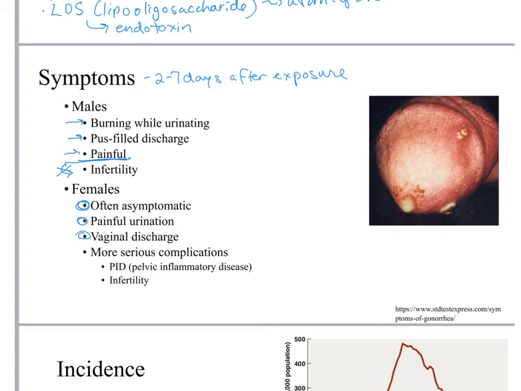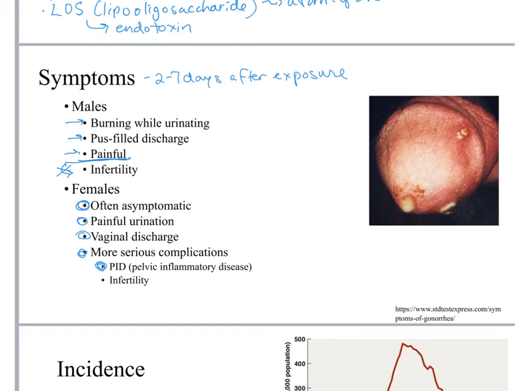If the infection persists, we can have some more serious complications. A chronic infection can lead to the scarring of the fallopian tubes because the cells can migrate from the cervix deeper into the uterus, cause fever, inflammation, abdominal pain.